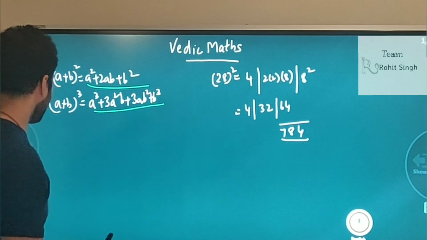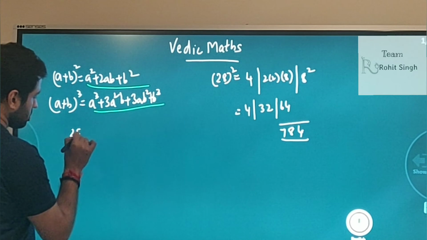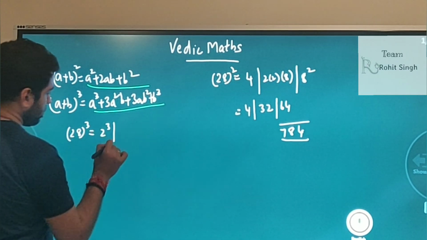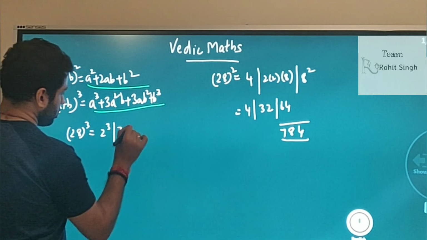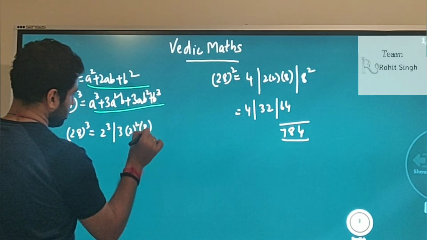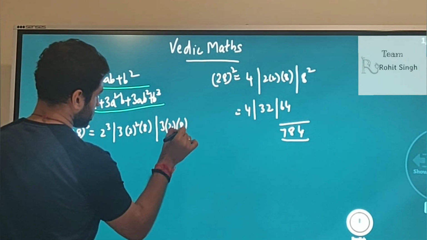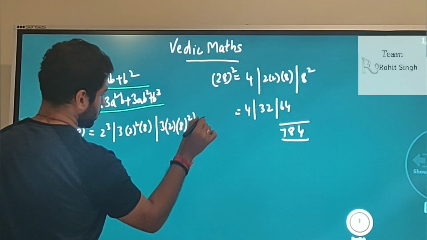So 28 cube we will calculate now. So we get 2 cube, 3 into 2 square into 8. Next 3 into 2 into 8 square and 8 cube.